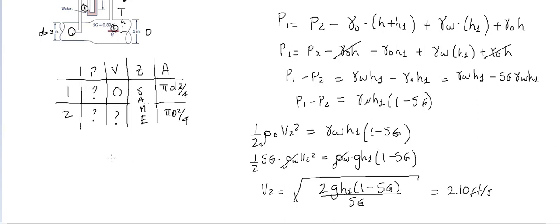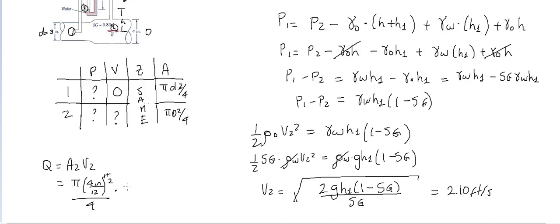Now our goal is to find the volume flow rate. So Q is simply A2 V2, evaluated at point 2 because that's where we have the velocity. So it's pi times the diameter, 4 inches divided by 12 to make it into feet, squared, divided by 4. So this is in feet.